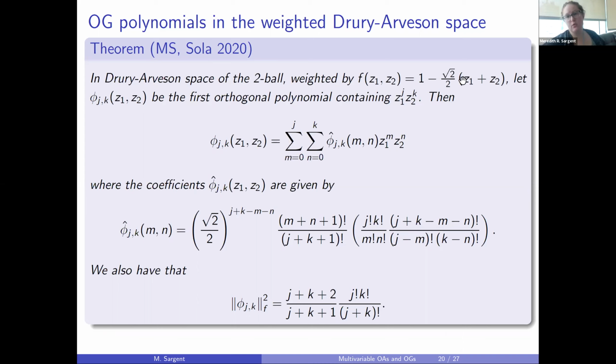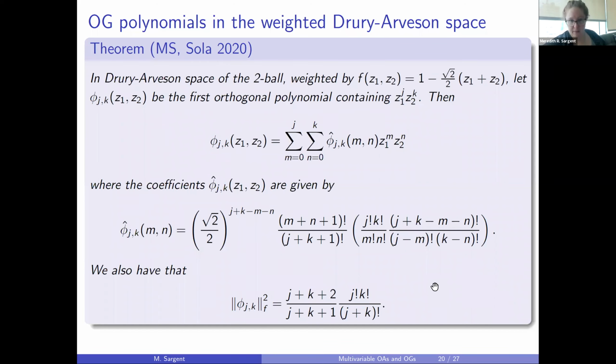And there's a somewhat complicated, but in reality, not as bad as it could have been, formula for the coefficients here, my phi hats. And there's a nice formula for the norms as well, the norms squared. Now, once you have the orthogonal polynomials, you can then use these to recreate the optimal approximants. I'm afraid they don't look quite as pretty, but it can be done.